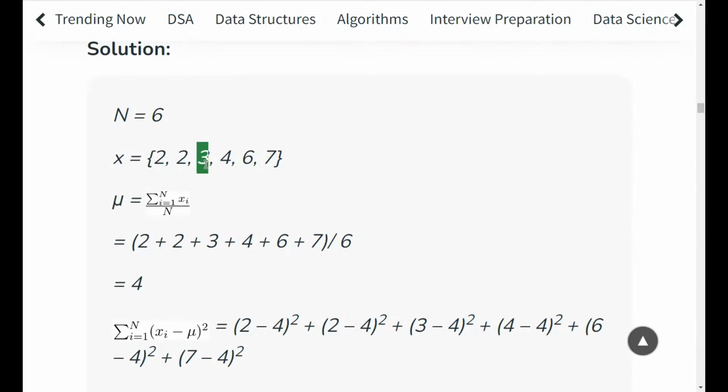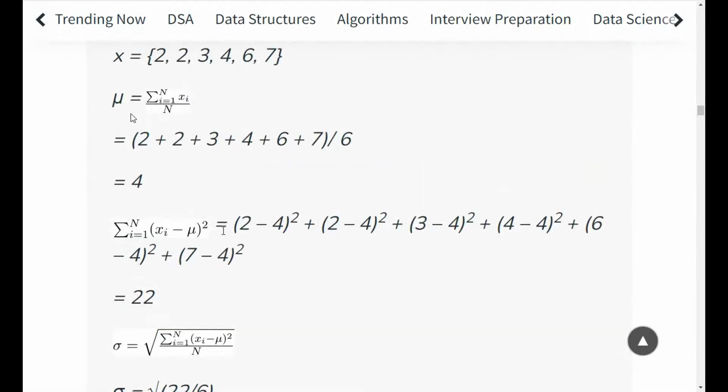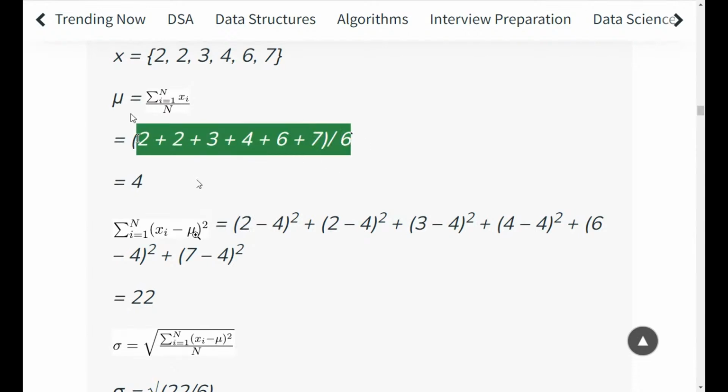This is your 2, 3, 4, 5, 6. Then that is your I. X of I, the first element is 2, taken up here, minus mu. What is your mu value? It is 4, that we just now found out. 2 minus 4, and this whole square will be added here.